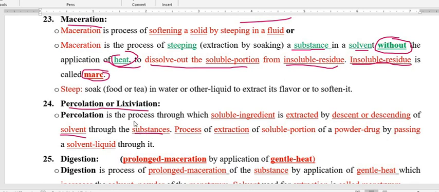So percolation is the process in which the soluble ingredient of the crude substance is isolated by descending the solvent over it, or passing the solvent through the substance, and this extraction of the soluble portion is called percolation.